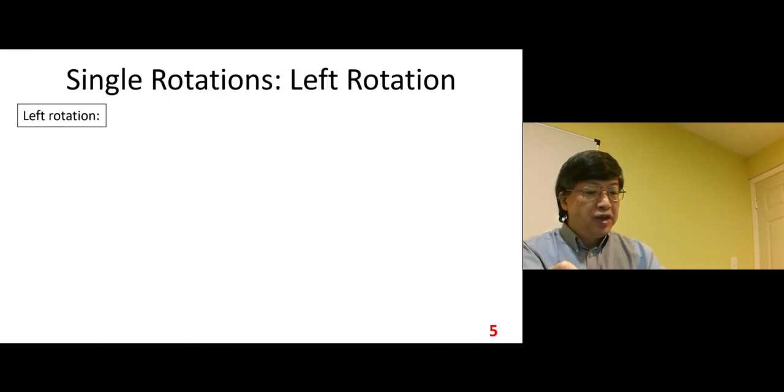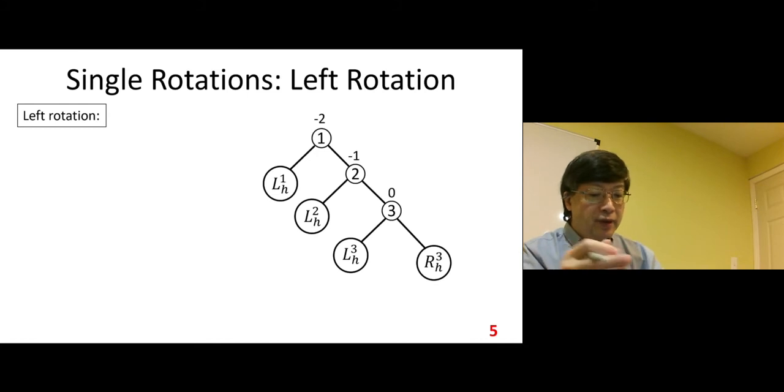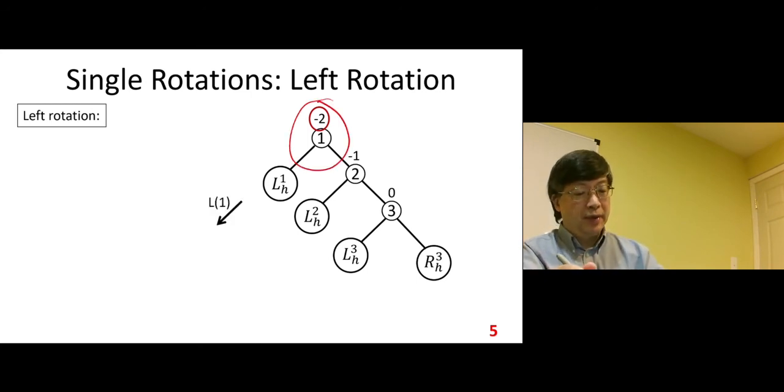Similarly, for the left rotation we can do the same thing. This time we have a BST like this, and we do a left rotation with respect to this violation node, L(1).